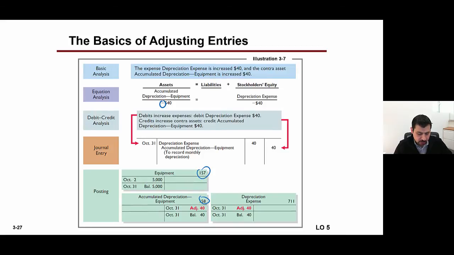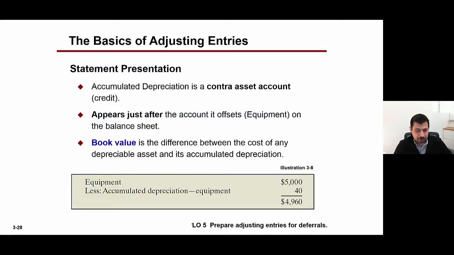This is a new account that we used here with the adjusting entry. The two together, later on, we use accumulated depreciation to offset equipment. So on the balance sheet, it will show as equipment less accumulated depreciation for equipment.